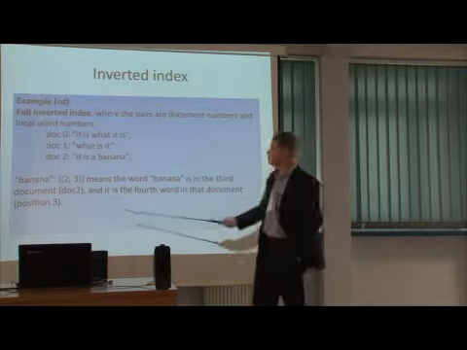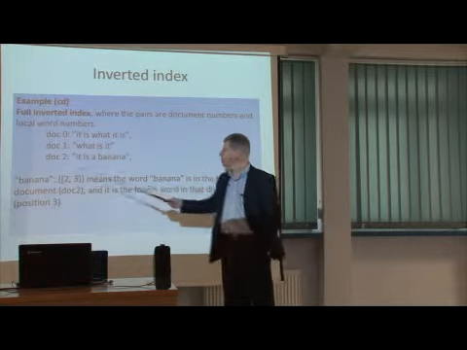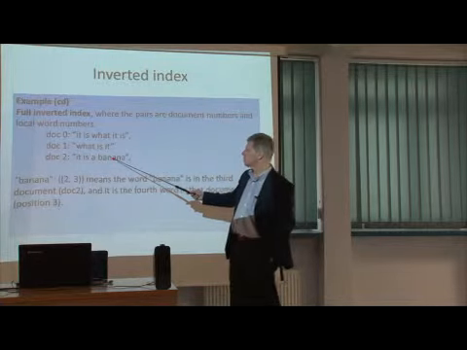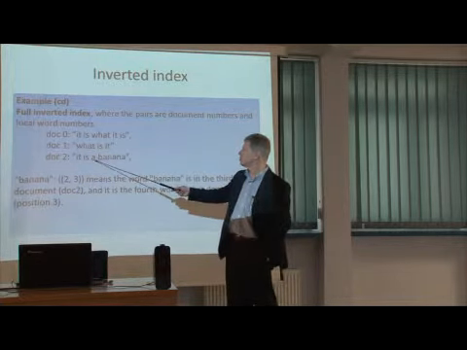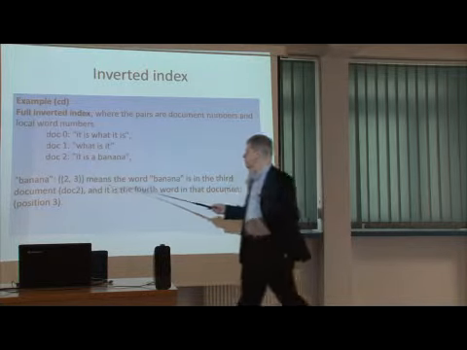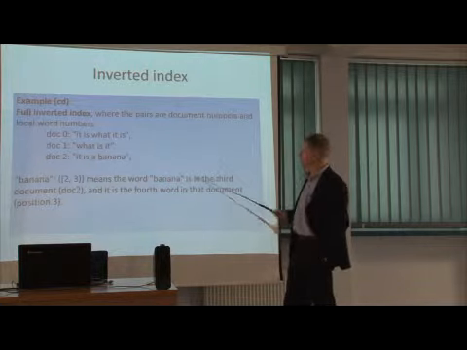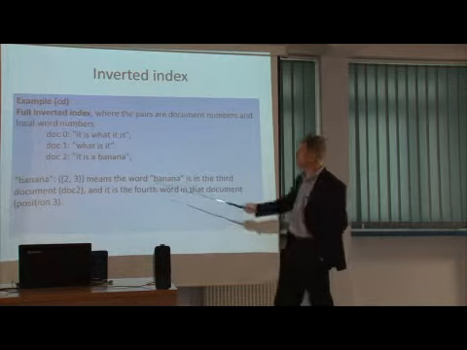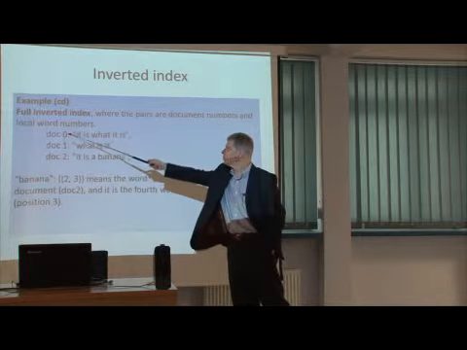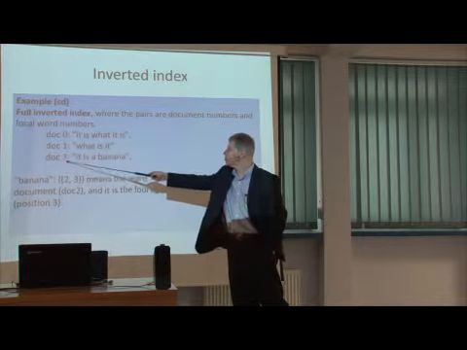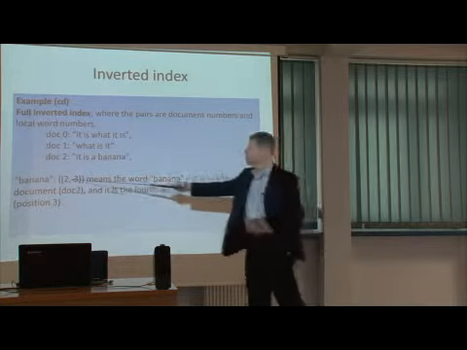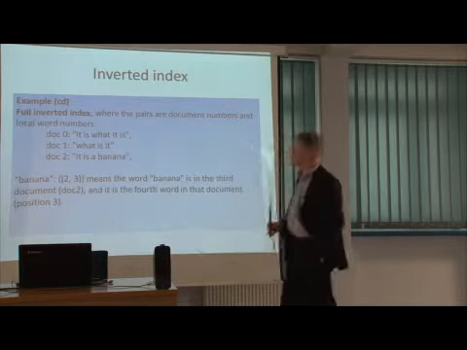So for instance, banana is the 4th word, okay? So it's in position 3, because the position count starts here. So the word banana is in the third document (document 0, 1, 2, so the 3rd document) in the 4th position, and we can represent it as a pair such as this.